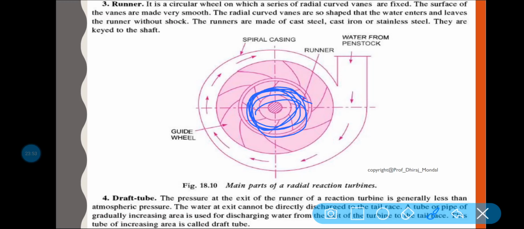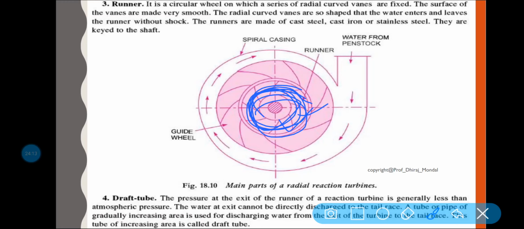The radial curved vanes are so shaped that the water enters and leaves the runner without shock. That means there is not any kind of disturbance, vibration, or shock.